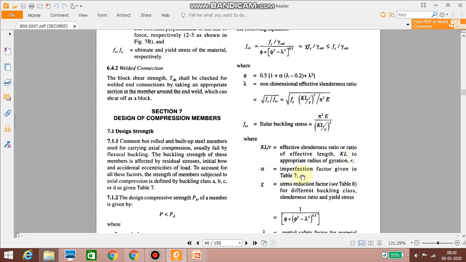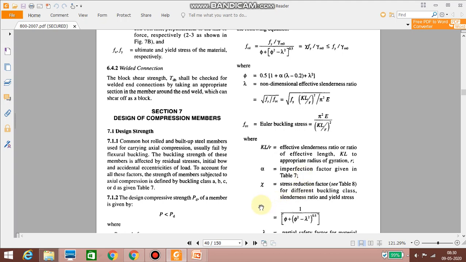Alpha is nothing but some imperfection factor which are given in table number 7. For various buckling classes, the alpha values are given in table number 7. For example, alpha value for buckling class A is 0.21, for buckling class B is 0.34, buckling class C is 0.49 and buckling class D is 0.76.